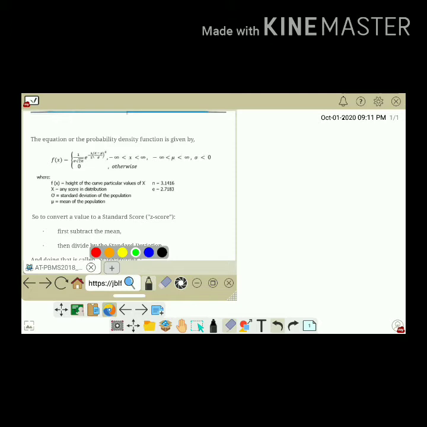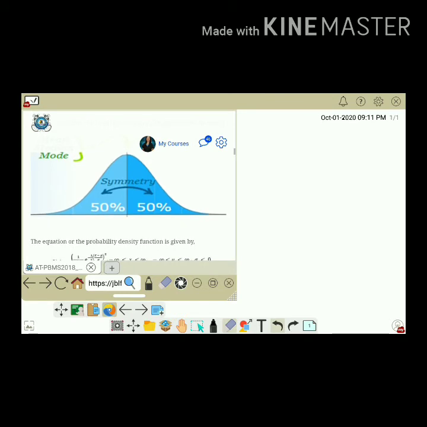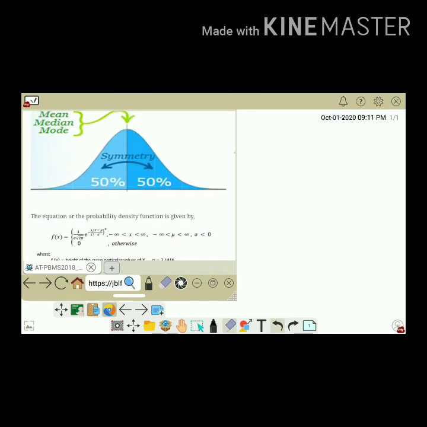For this curve that we have here, if you really want to know the height at your mean, as long as you have your x data, your mean, and your standard deviation, you could actually solve for the height. But of course, I'm not going to discuss more about the height. I'm just going to make you represent it in a normal curve.